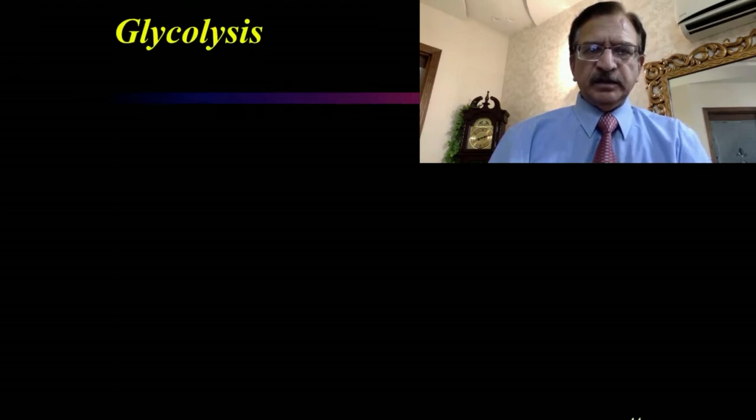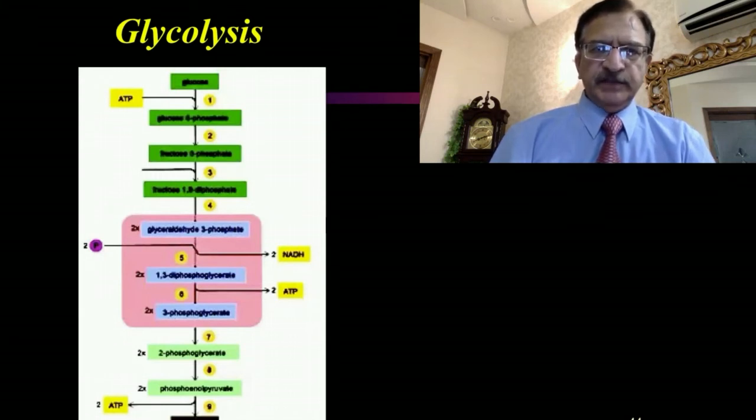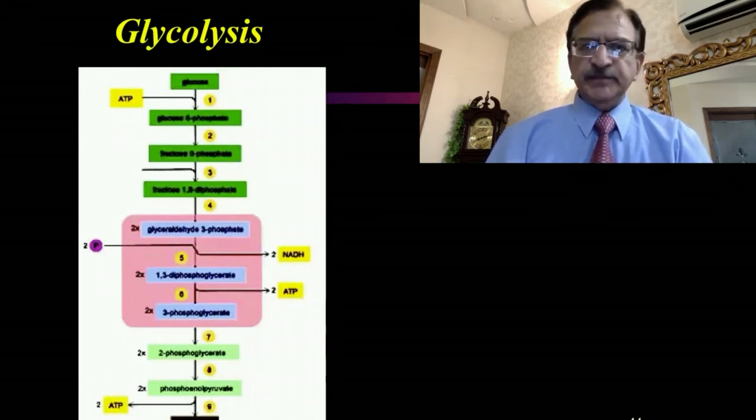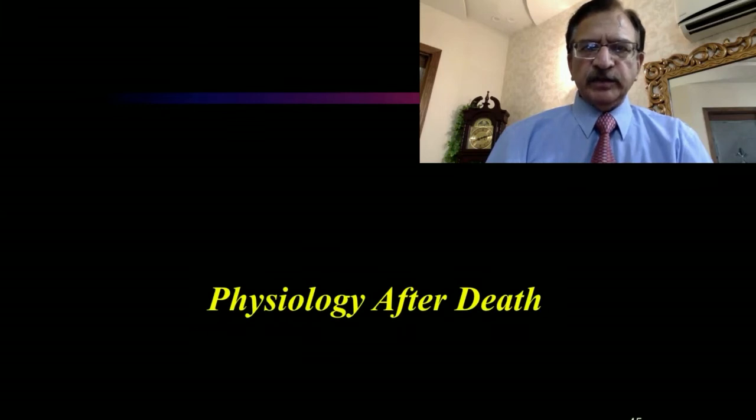Then glycolysis is also going on. This is another process by which enzymes act on the metabolites and energy is produced by glycolysis. Now, this was when the person was living.